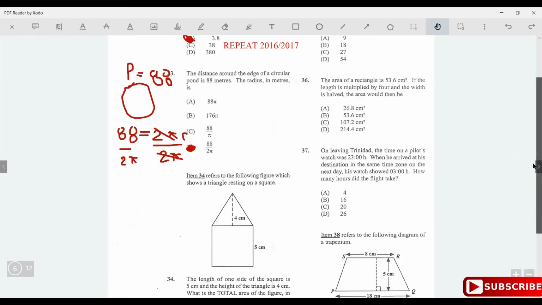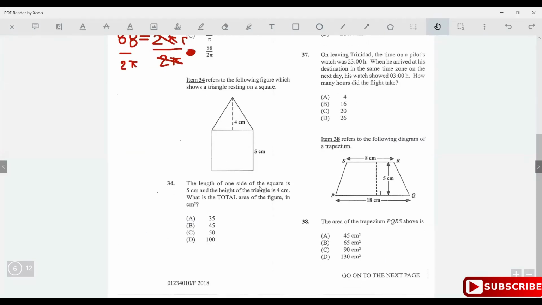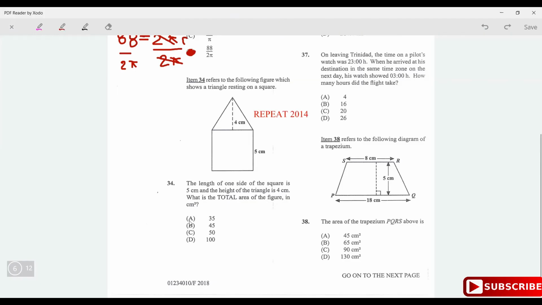Question 34 says, find the length of the side of a square. The length of one side of a square. Okay, I remember this question now. This is another repeat. We've done this so many times. Repeat from 2014 and we got 35, I believe. 25 and 10, 35.